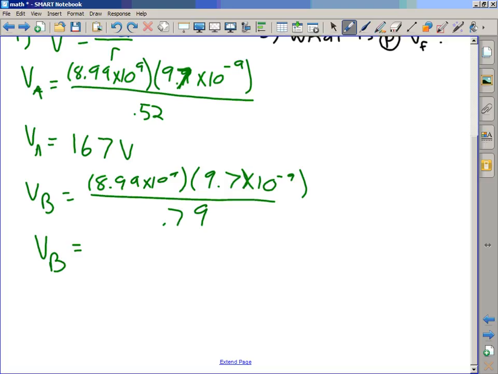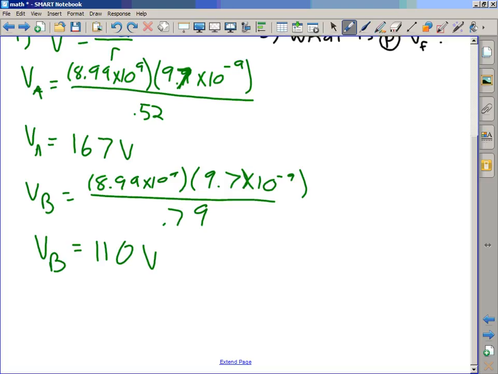So what is the voltage at B? 110. There we go, so there are the answers for number 1.